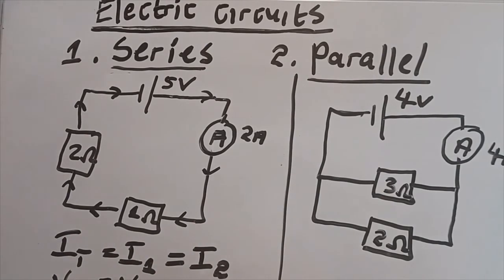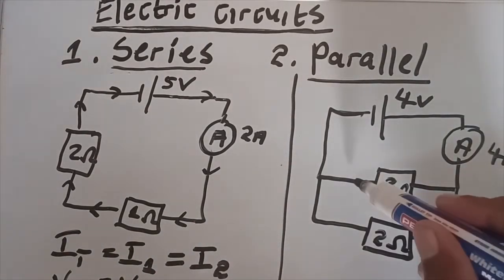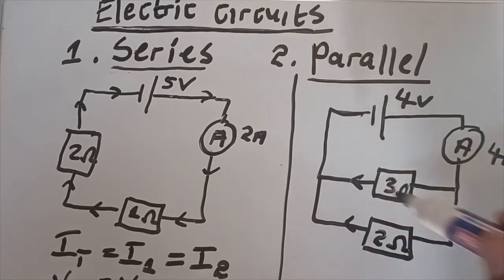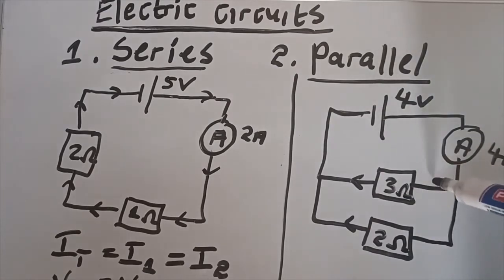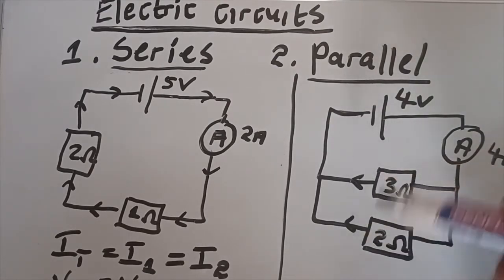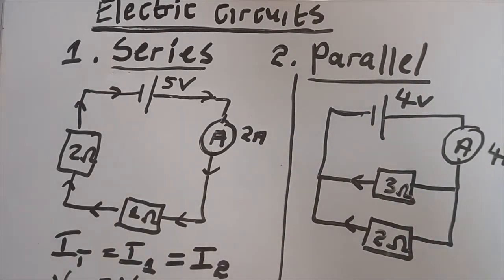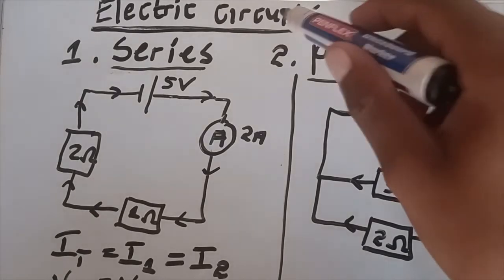Okay, so as all of you can see, our resistors are parallel to each other. We have parallel lines, but these are the wires. So these wires are parallel with each other, making these resistors parallel. So that's why we call it a parallel circuit.